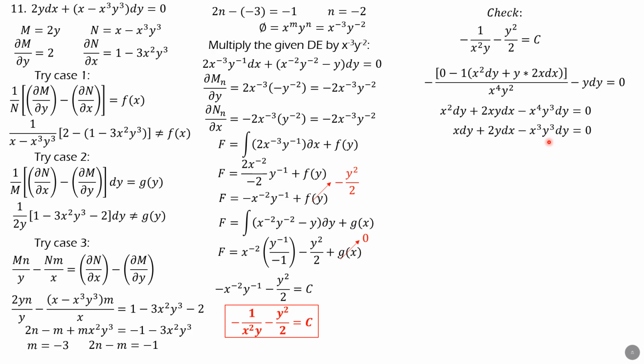So factoring out x here, we have 2y dx, then plus quantity x minus x cubed y cubed dy equals 0, which goes back to this original differential equation. So that means this answer is correct. So that's it for this differential equations 1 part 3.